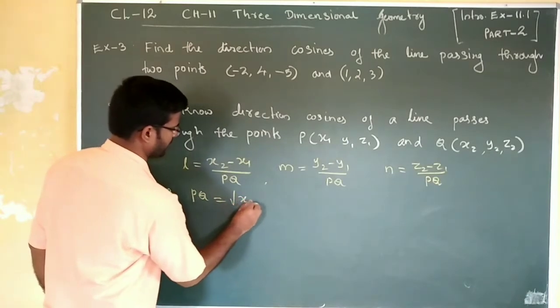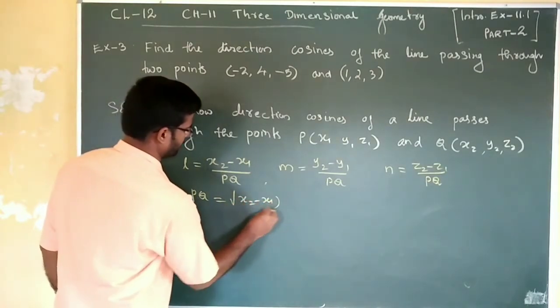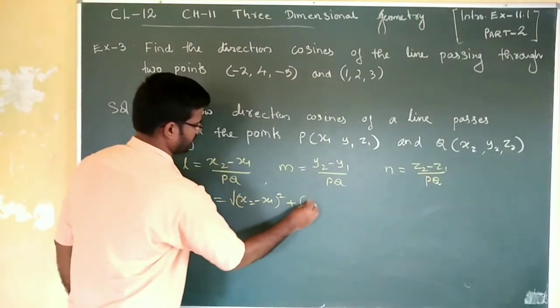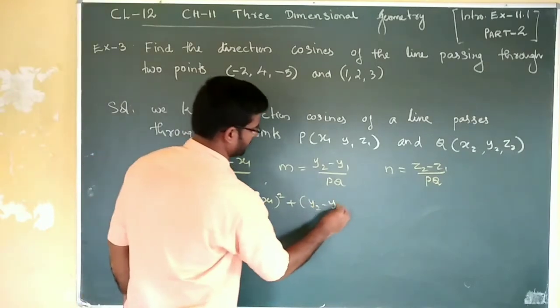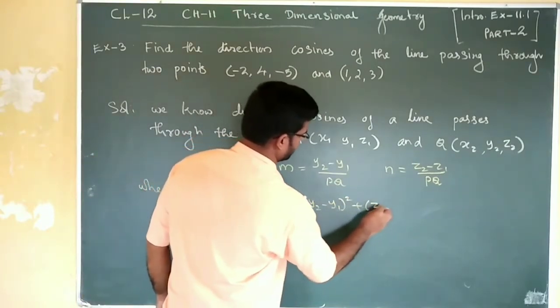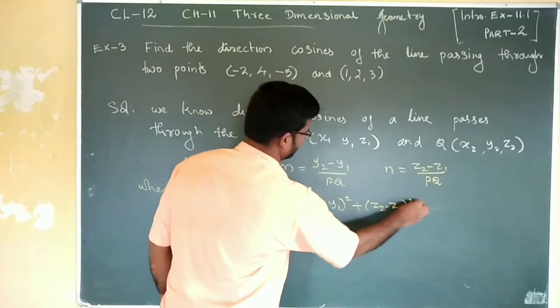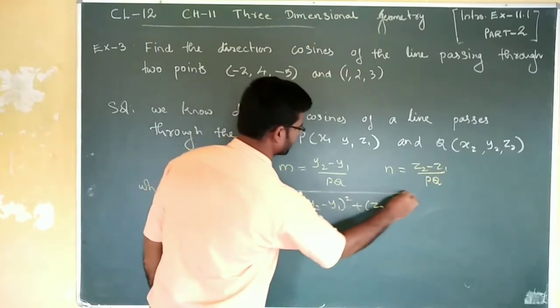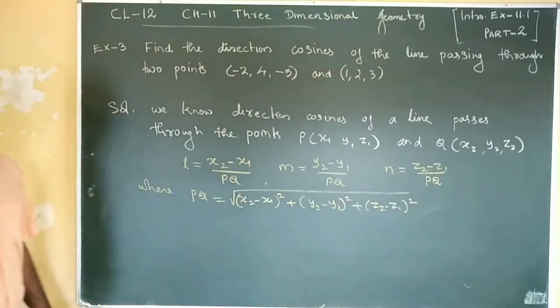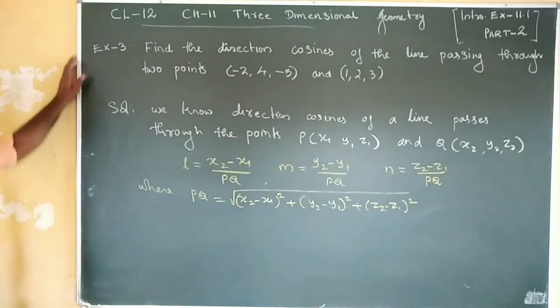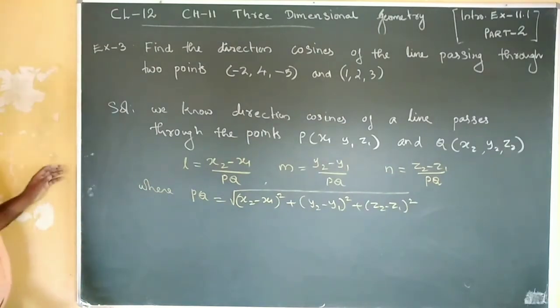That is square root of (x2 minus x1) whole square plus (y2 minus y1) square plus (z2 minus z1) square. This is the formula to find the direction cosines.